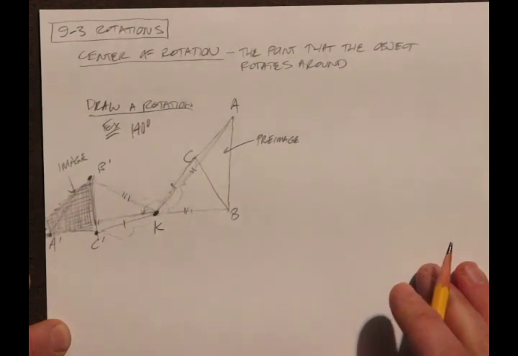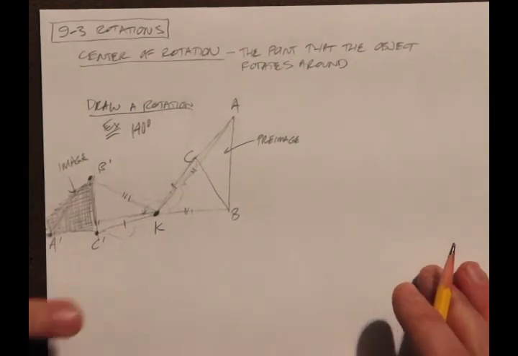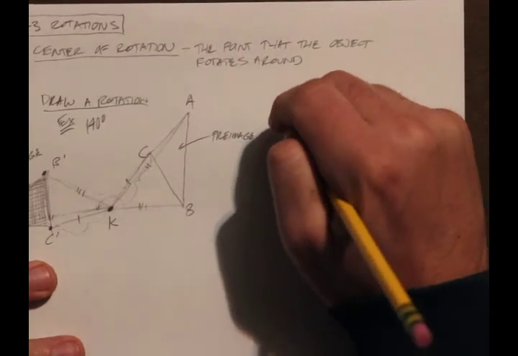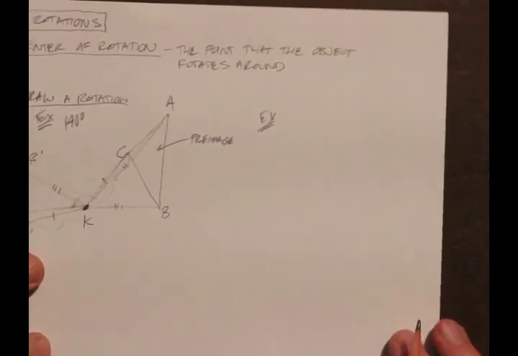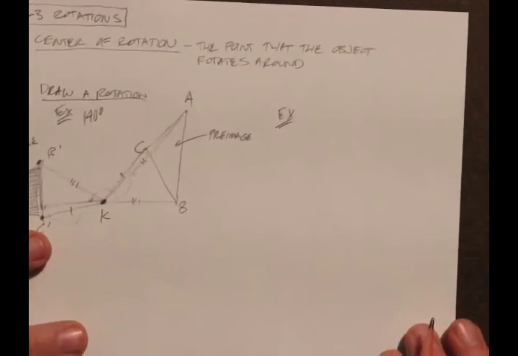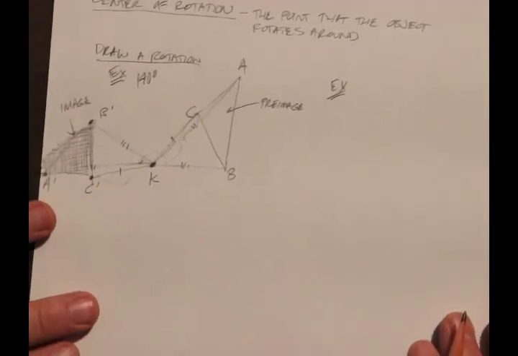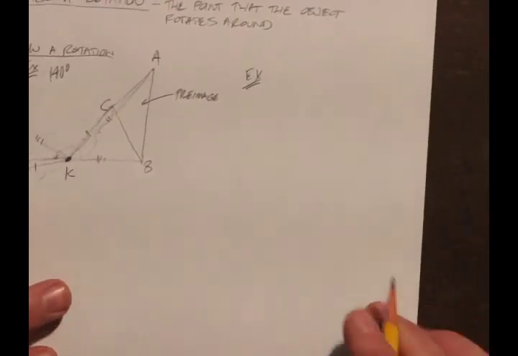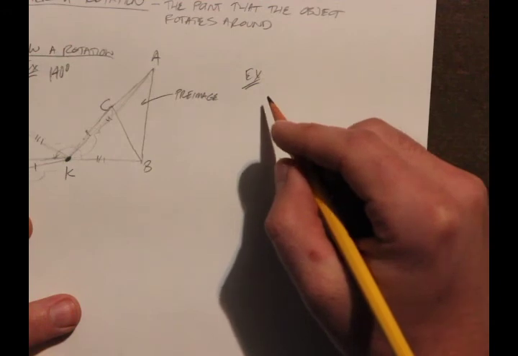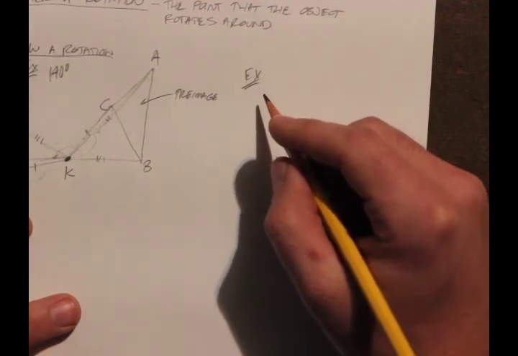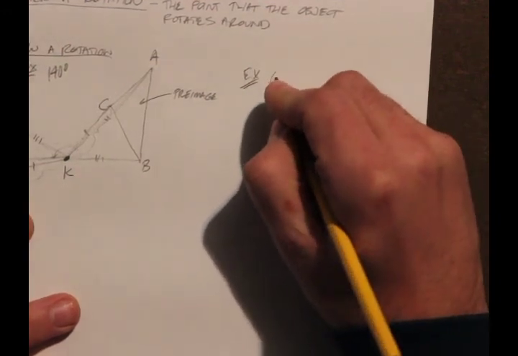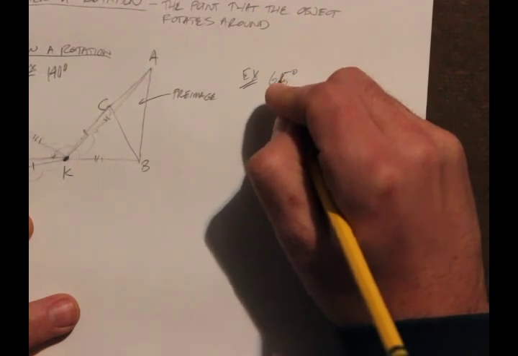Okay, let's do another example. And then we'll do some examples on graph paper in a second too. Okay, example, we're going to rotate this thing 65 degrees.